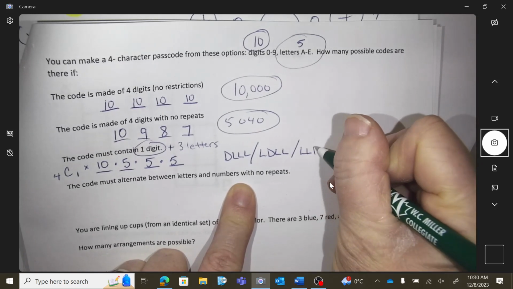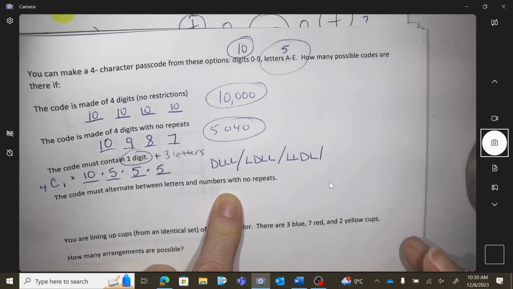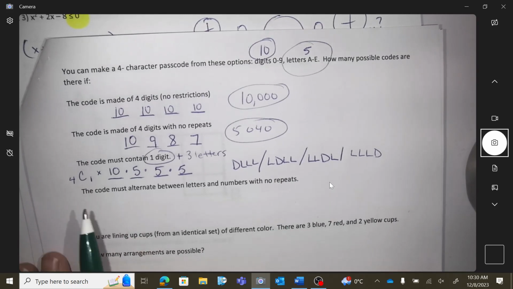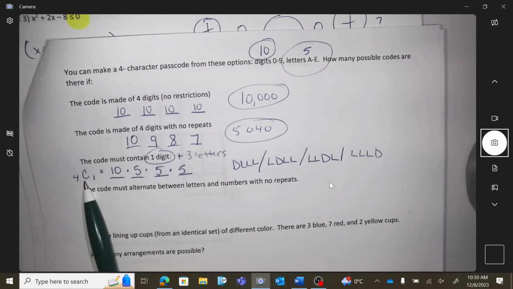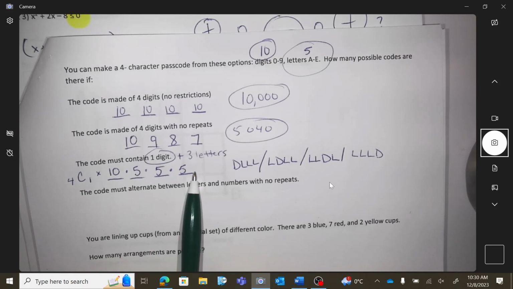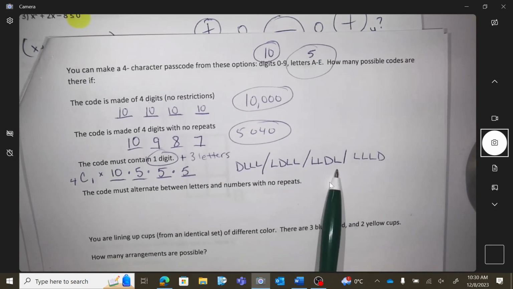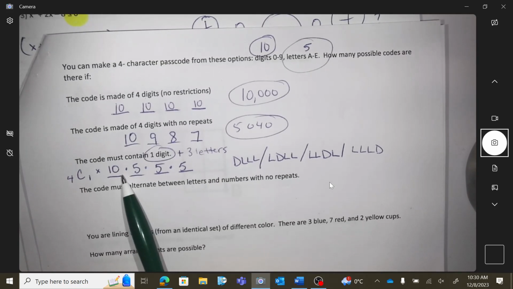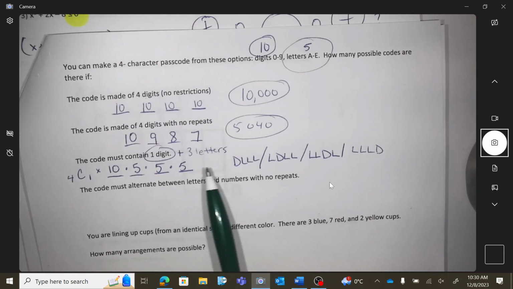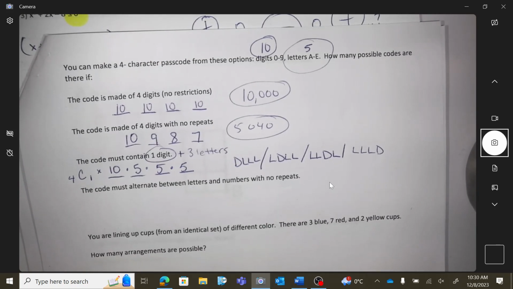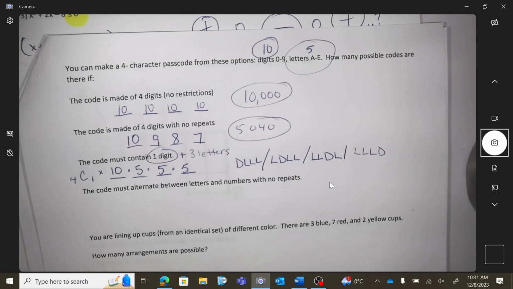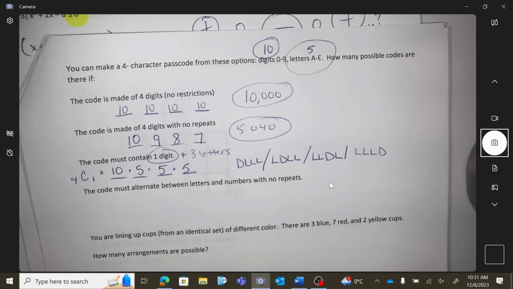I could go letter, letter, digit, letter. Or I could write this as letter, letter, letter, and a digit. So what is this doing? It's saying I have 4 of these positions and I'm choosing to put the digit in one of the positions. So that's how many options I have, but then I could also decide which place that's going in. Okay, so 4 times 10, 5, 5, 5.